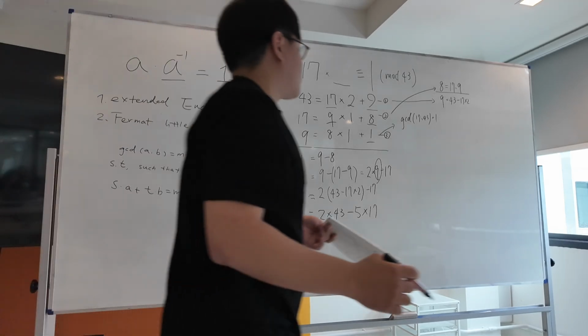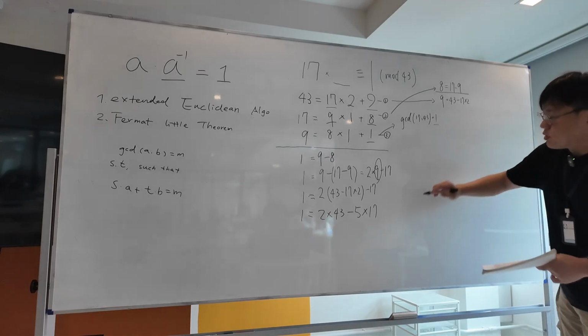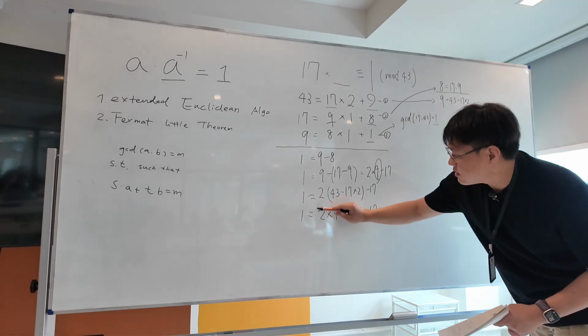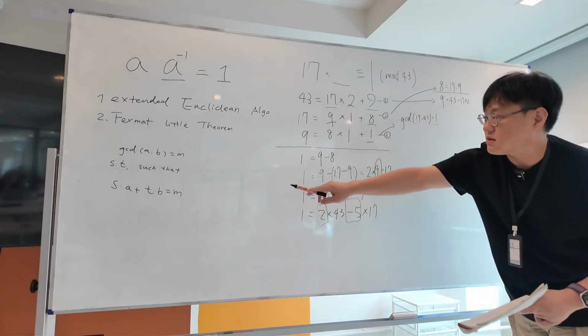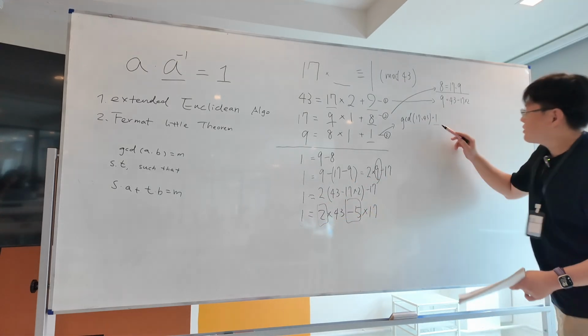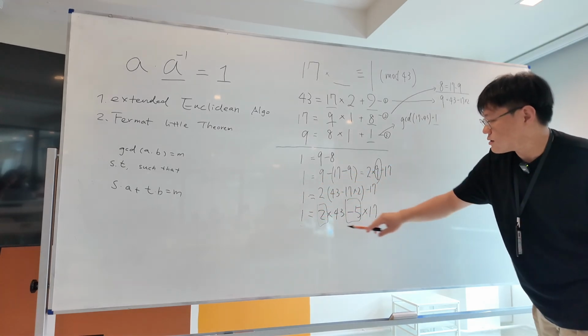So in our case, n is 1. This will be s, and this will be t there. And the 1 is n here. So that's how we get the formula.